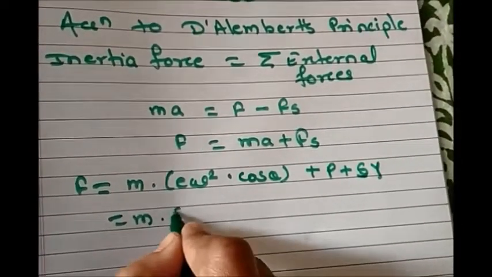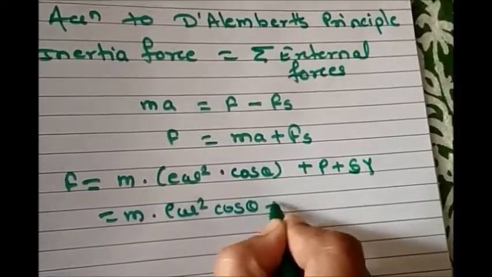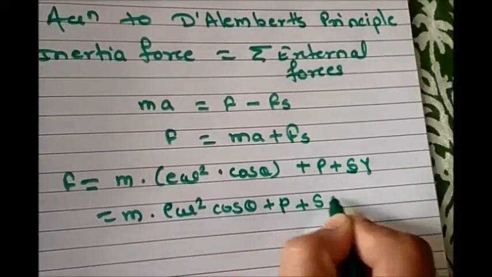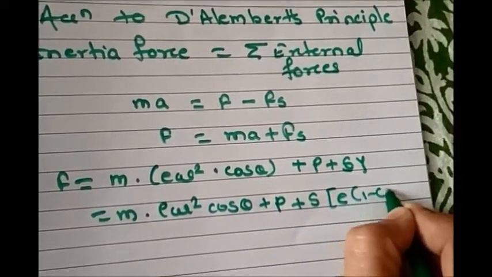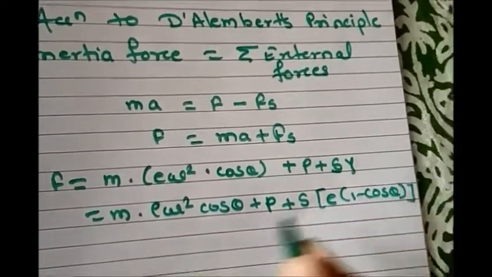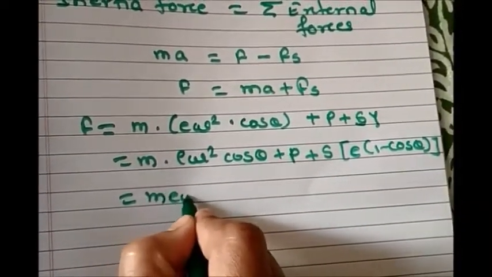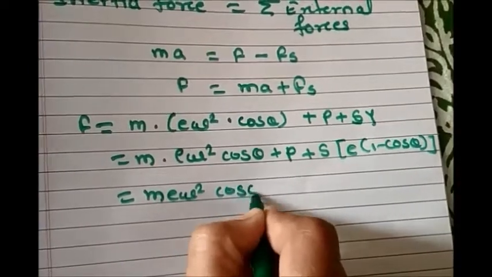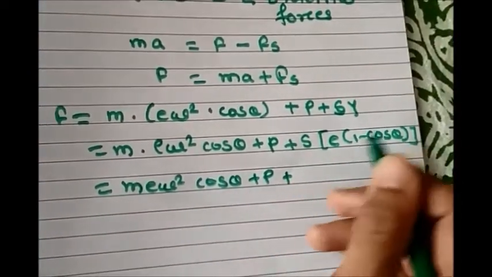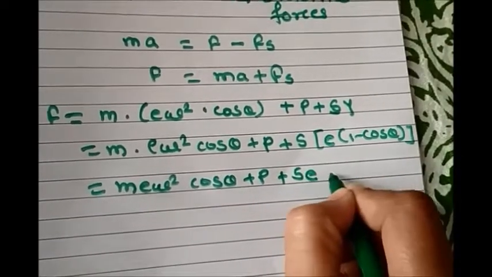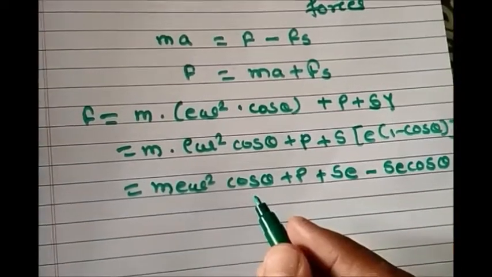So m e omega square cos theta plus P plus S. Let's put the value of y, so it is e into 1 minus cos of theta. So it is m e omega square cos of theta plus P. Now let's multiply this S e inside the bracket, so we get S e minus S e cos of theta.